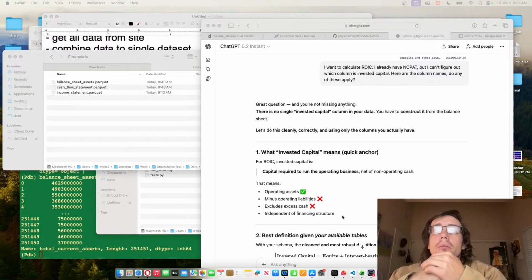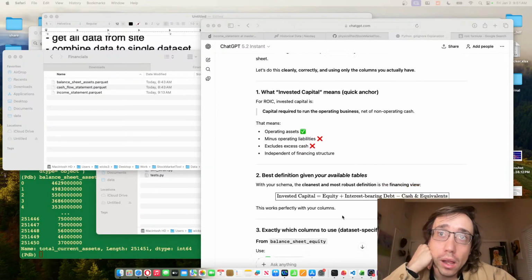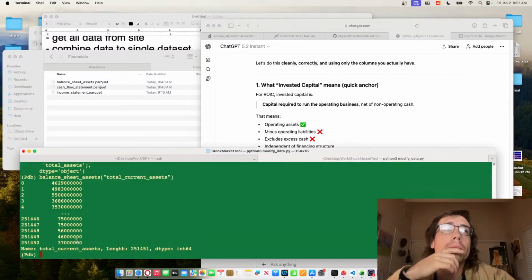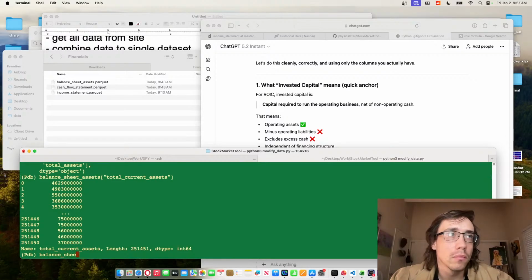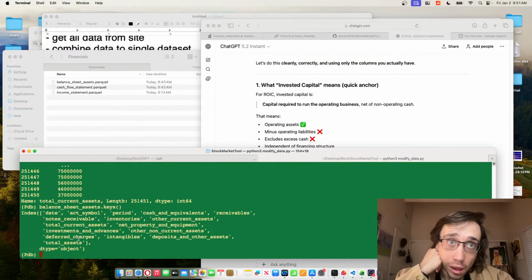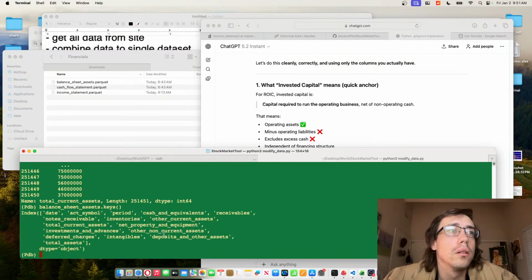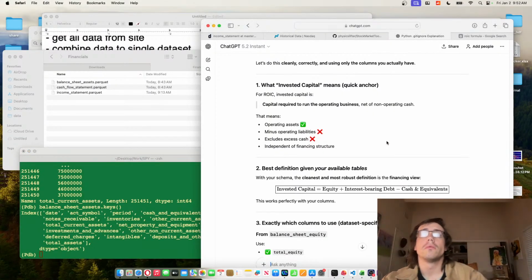Capital required to run the operating business. Operating assets.